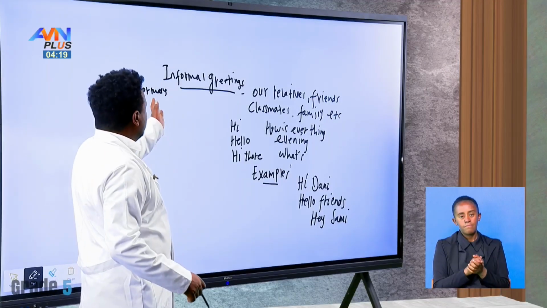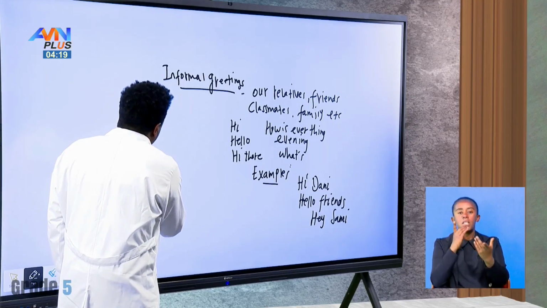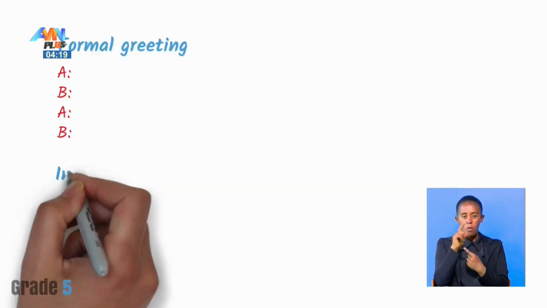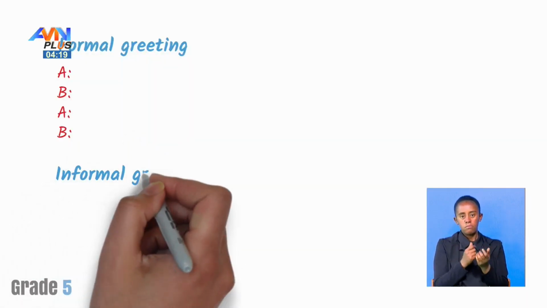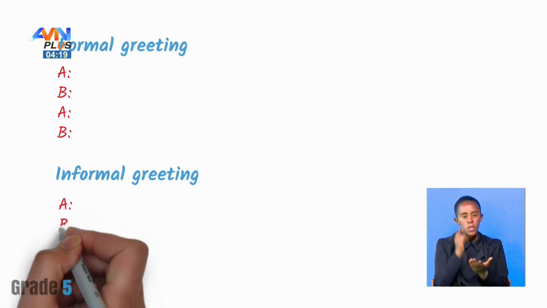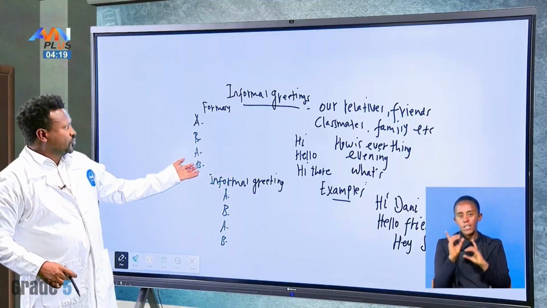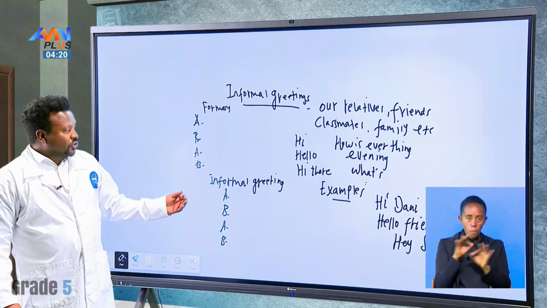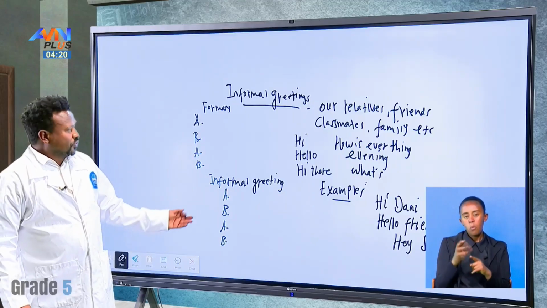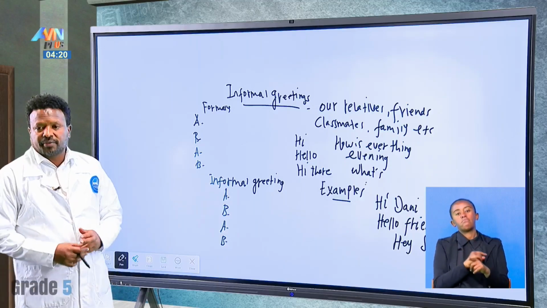Again, in addition to formally, you have to make another simple dialogue in an informal way. Assume that you are A and B. So try to make a dialogue based on the formal and informal greetings with your classmate for 2 minutes, and we will continue to the rest of our lesson.